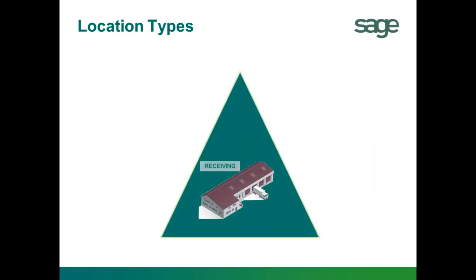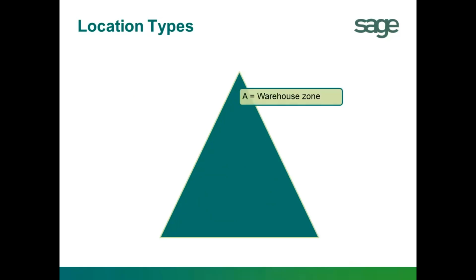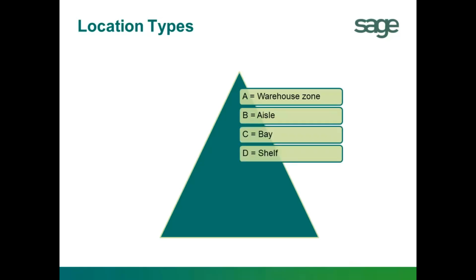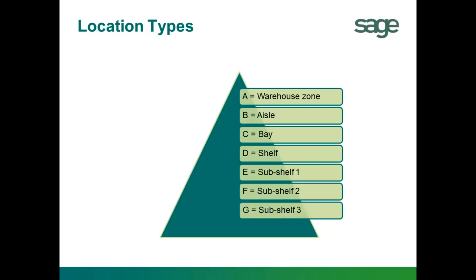Now, when defining location types, you define a location ID. This is the location format for creating the actual location, which has to be in accordance with a defined scheme. A equals warehouse zone, B equals aisle, C for bay, D for shelf, E for subshelf 1, F for subshelf 2, and G for subshelf 3.